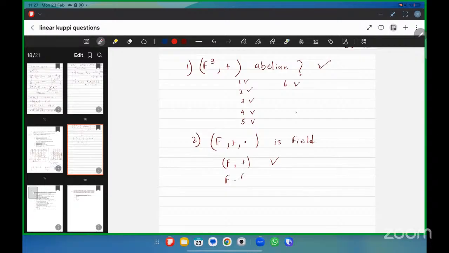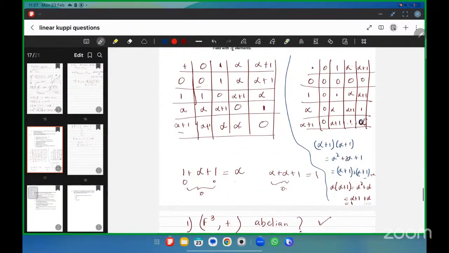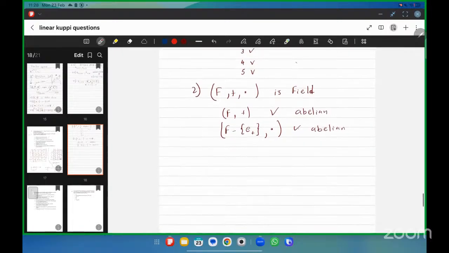Here it is non-empty and the output is the same set, and there is an inverse for everything. We can shift the brackets also, so the second one is fulfilled. It's also abelian.